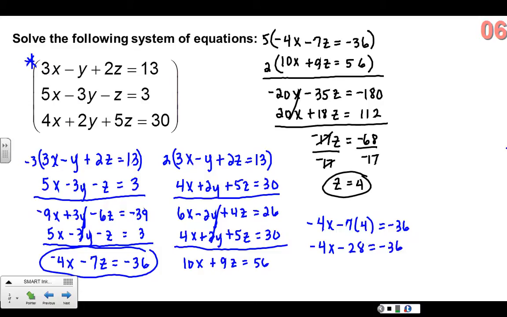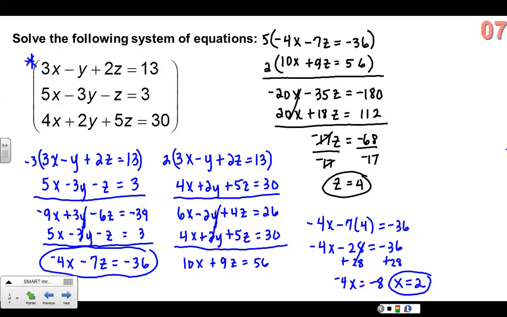If I add 28 to both sides, negative 4x will equal negative 8. So x will equal positive 2. So now I've extracted two solutions. I have the x and I have the z.